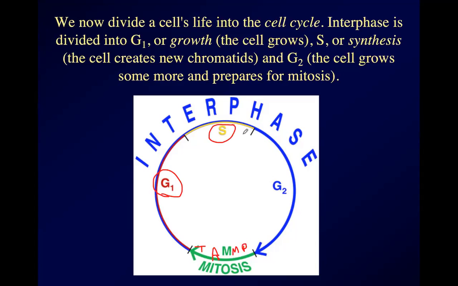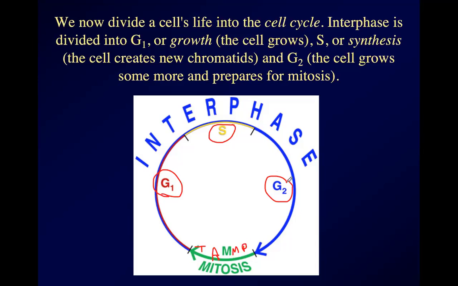The chromosomes are still there, they're just not visible under the light microscope. And then G2 comes after S. The cell grows some more and prepares for going into mitosis again. So we divide interphase into G1, S, and G2.